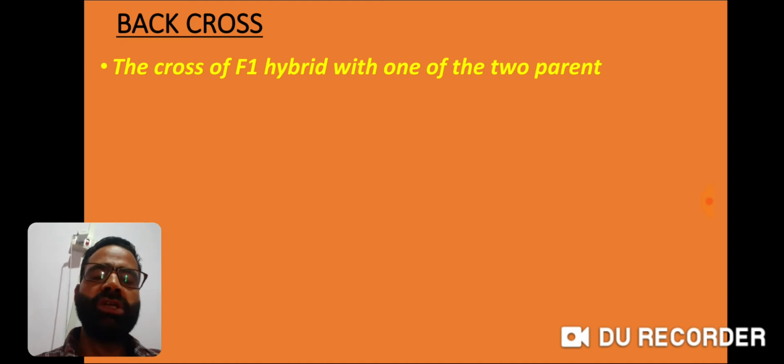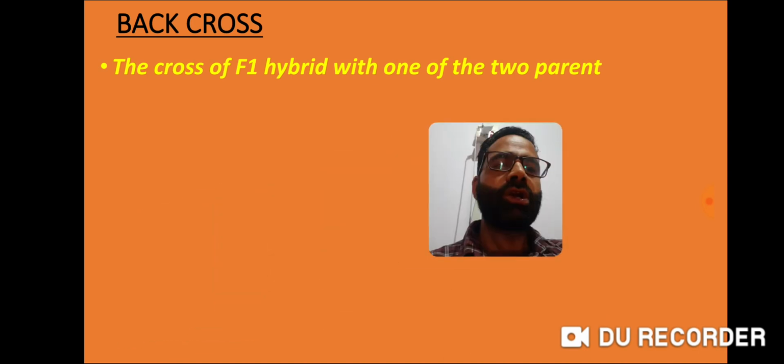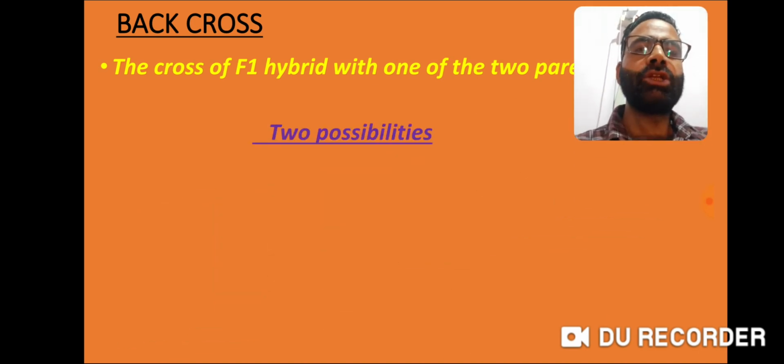Now coming to the second cross, that is the back cross. A back cross is a cross between an F1 hybrid with one of the two parents. So the cross of an F1 hybrid with one of the two parents is called the back cross. And here again there are two possibilities.